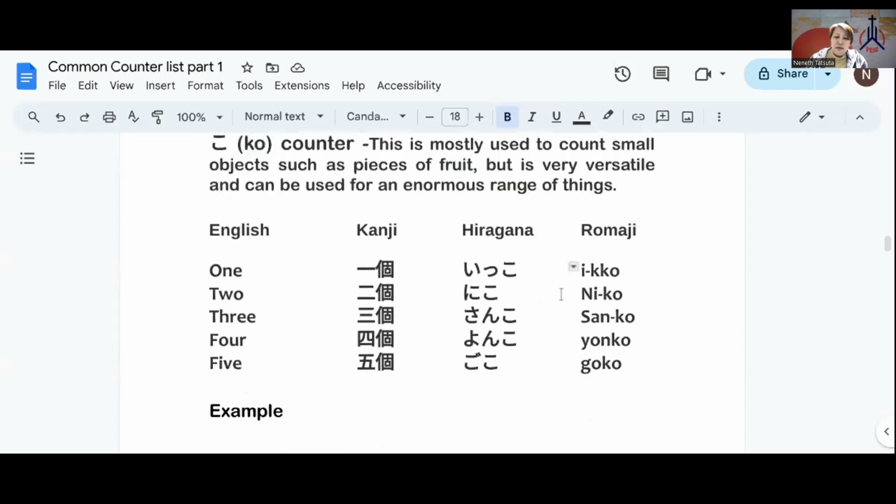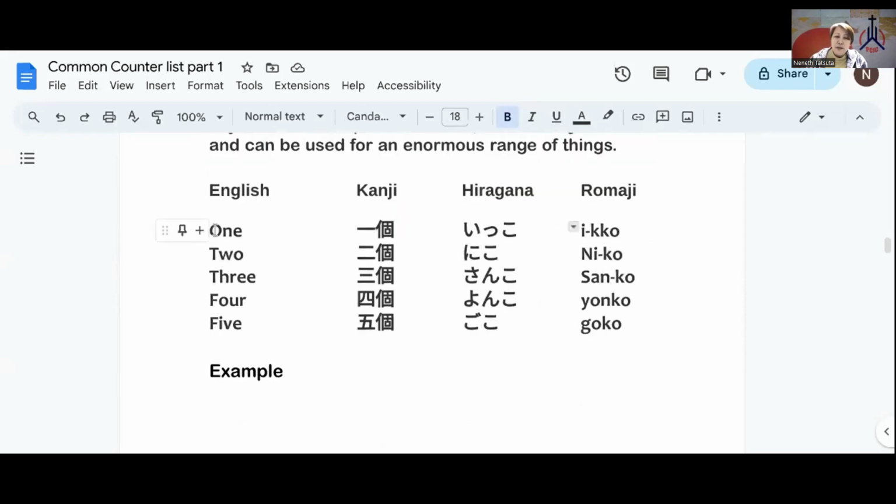For one piece, it is not ichiko. Although one is ichi, yes, we are not pronouncing it as ichi, but ikko, like the age. Remember your age? It is not ichisai, but issai.